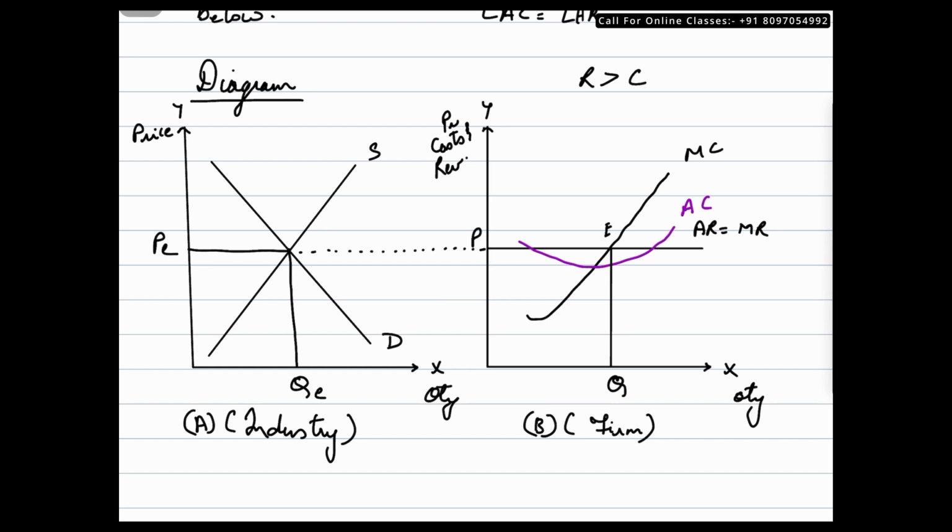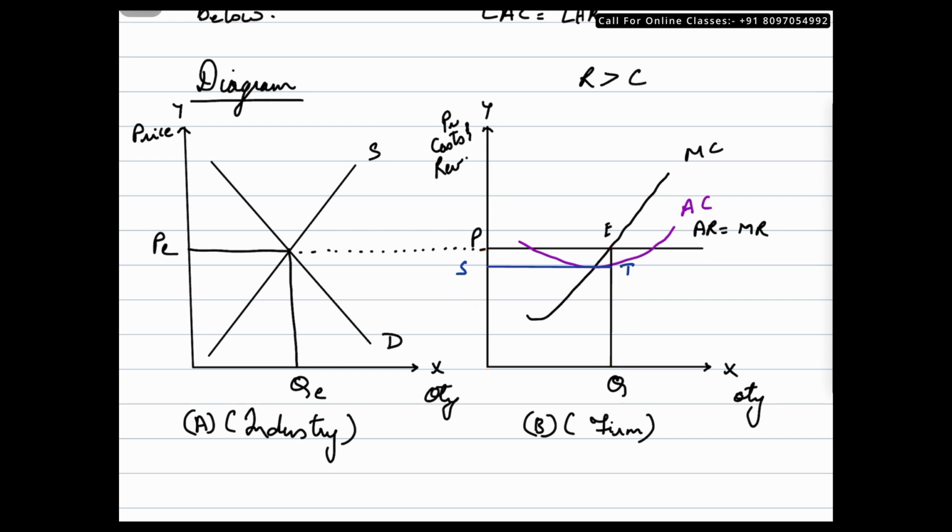So to identify if the firm is making profits or losses, you need to check what is the average cost at the equilibrium level of output. So at the equilibrium level of output, this is the average cost of the firm, right? Let's draw a perpendicular here. So this is the cost of the firm. Let me just label it. So this is S and this is T. So at the point of equilibrium or at the equilibrium level of output, the firm has TQ as its average cost, whereas it has this much EQ, or you could say PQ, as its revenue.